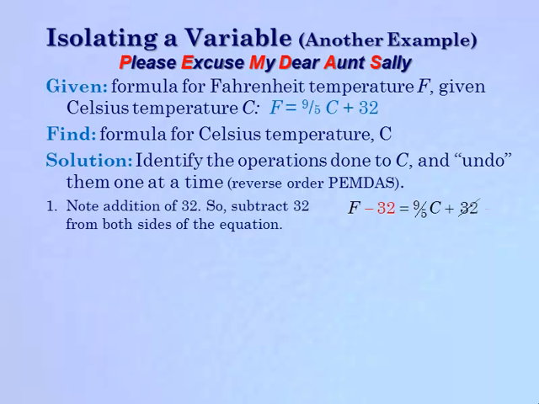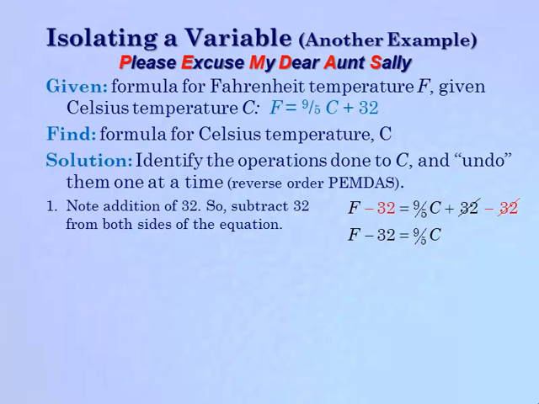First, we'll note the addition of 32, so let's subtract 32 from both sides of the equation, and the result is that both of these will cancel out, and F minus 32 is equal to 9/5 C. Alright, so we still don't have C all by itself, so what's remaining to be done?